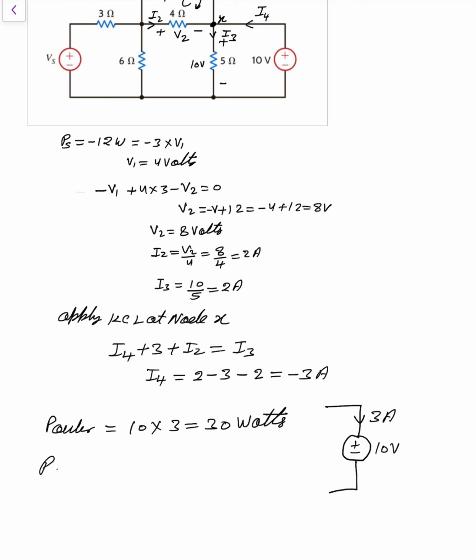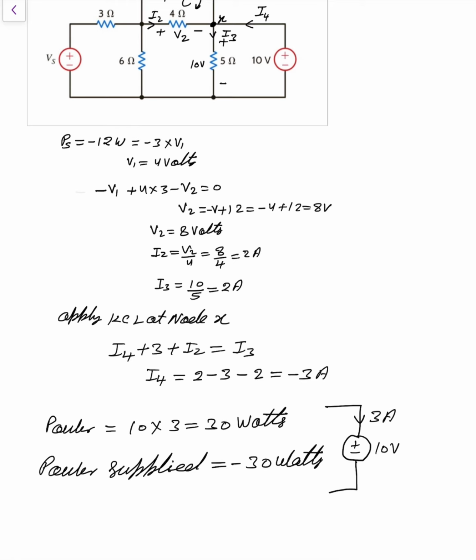Here you can say that power is absorbed, but according to the question, what about power supplied? If you write power supplied, it means minus 30 watt, because power supplied is opposite to the power absorbed.